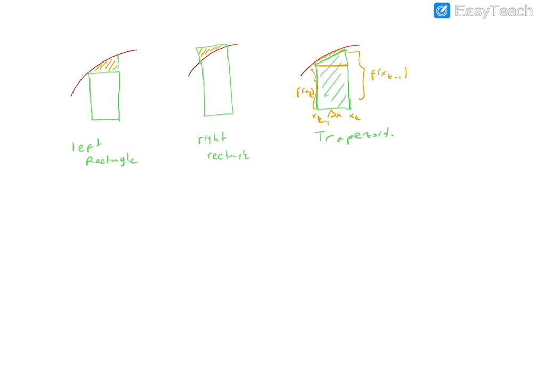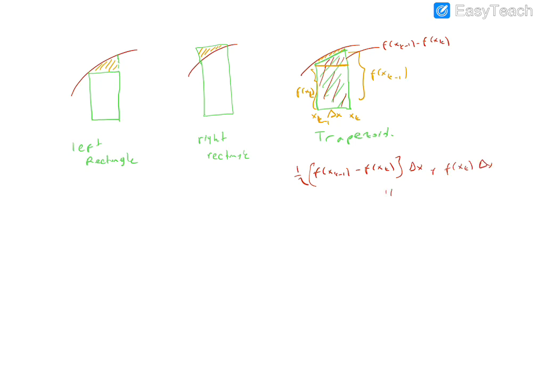If you write the area of this rectangle and this triangle, you can easily calculate. The triangle has height f of x_{k-1} minus f of x_k, so its area is one half times f of x_{k-1} minus f of x_k times delta x. The area of the rectangle is f of x_k times delta x.